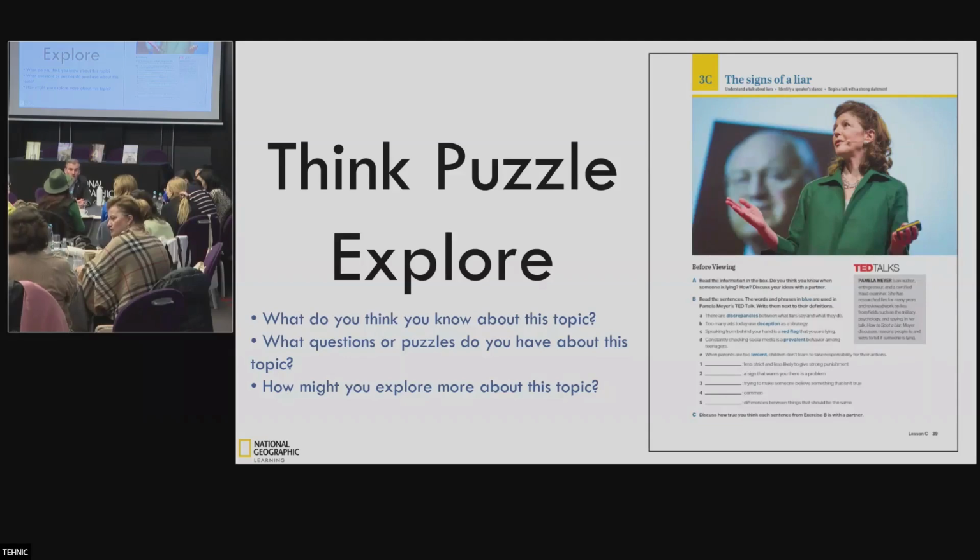Yeah, misleading things. Right, my little boy, it wasn't me, it was my sister. What other body language might give them away? Right, so eye contact.